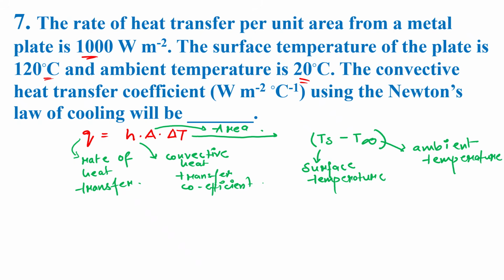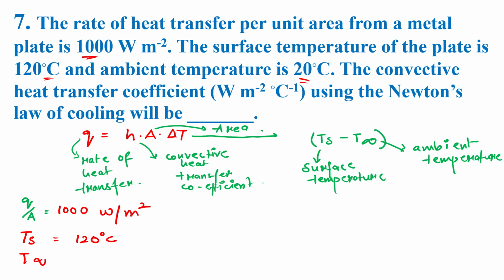Since over here rate per unit area is given, that means Q by A is given to us, which is how much? 1000 watt per meter square. T as it is surface temperature is given 120 degrees Celsius. Ambient temperature is 20 degrees Celsius.